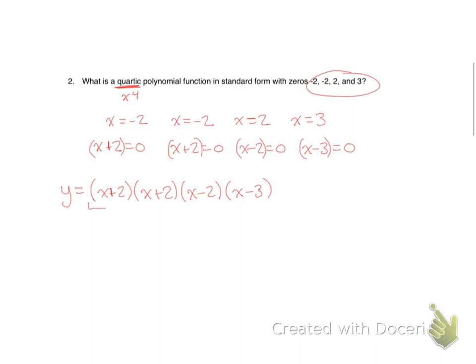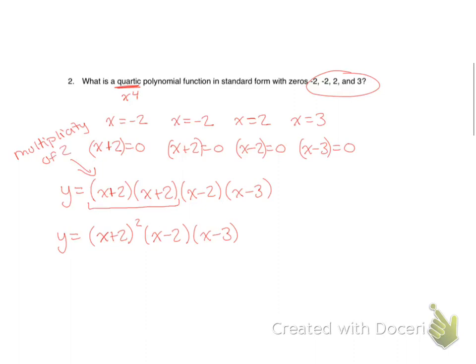One thing I want you to look at is look here. Those are the same. So I can rewrite this as y equals x plus 2 squared times x minus 2 times x minus 3. I want you to know that this is a multiplicity of 2.